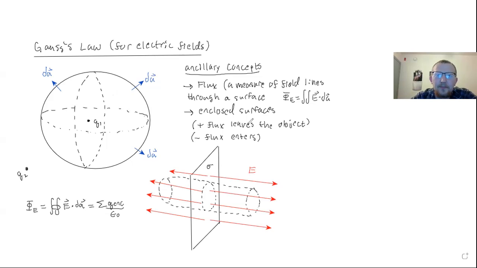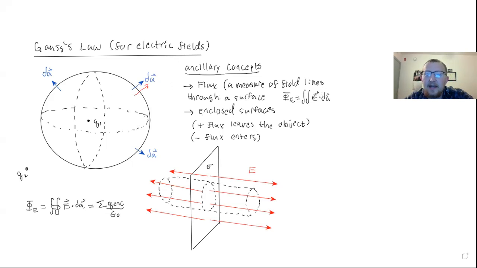And with enclosed surfaces, the dA vector is always pointing normal to the outside of the surface. So you see I have these dA vectors drawn, and they're normal to the outside of the surface. And so if the flux is the double integral of E dot dA, then that means that if the electric field is parallel with dA, then that would give us positive flux, right?